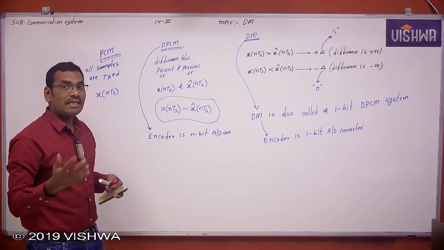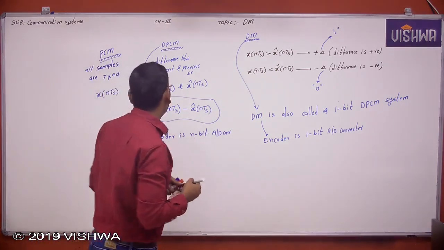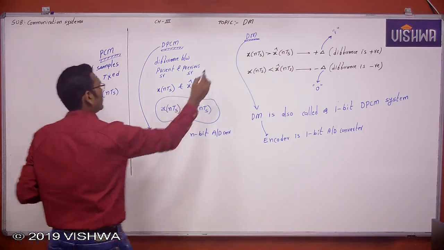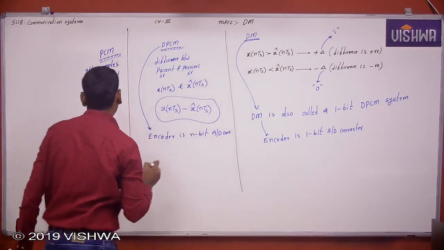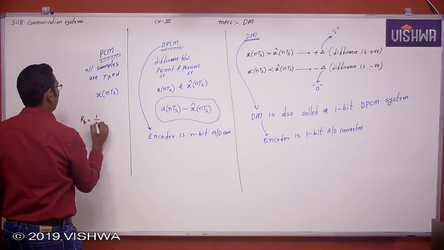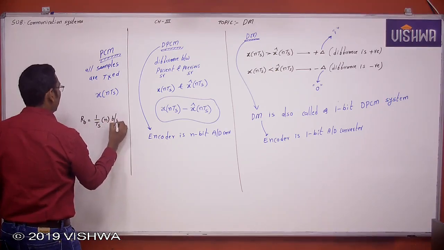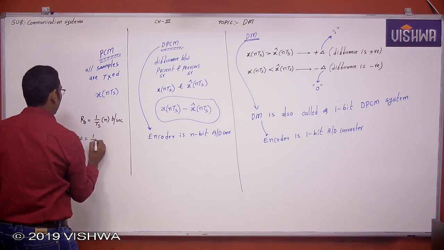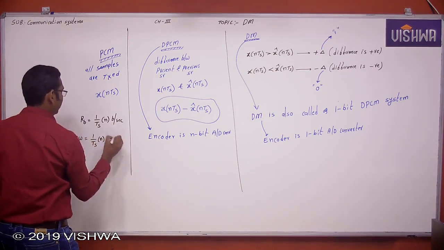So what is the advantage of this, sir? Why are you doing it like this? Now see here, the bitrate RB is equal to 1 by Ts into n bits per second. The bandwidth is equal to 1 by Ts into n hertz.